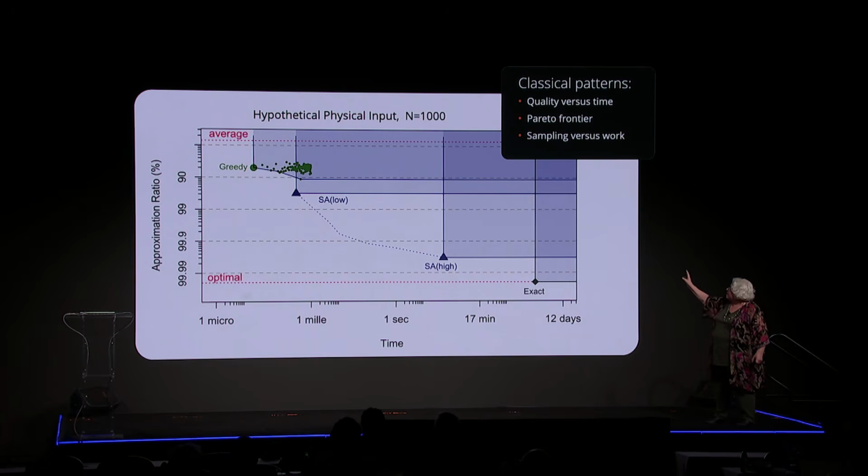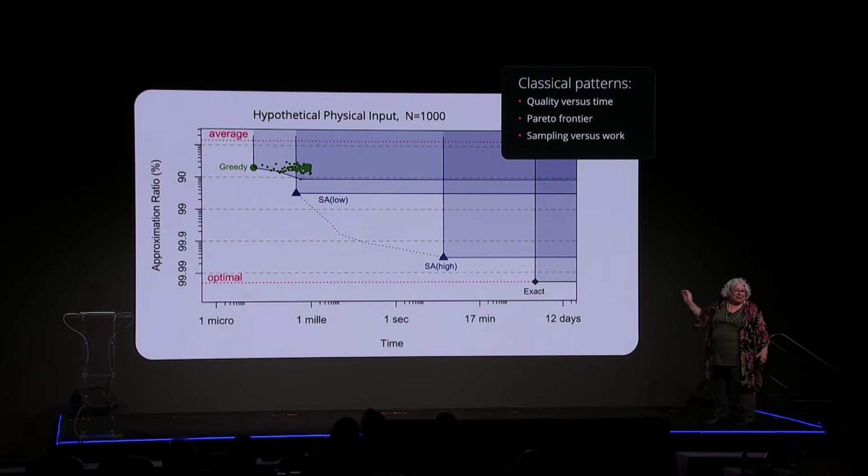This is hypothetical data, but the numbers you're seeing in the orders of magnitude are reflective of what you really see in the literature on this kind of problem. And so there's this trade-off. Up at the top, you've got average solutions. That's if you just picked a random solution, it would have some average energy, and it's going to be on average up there.